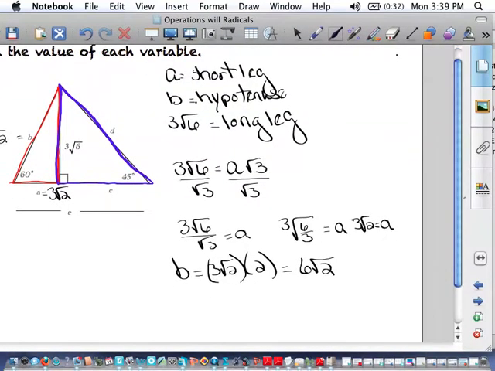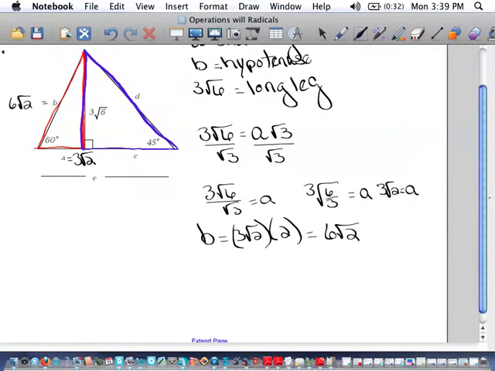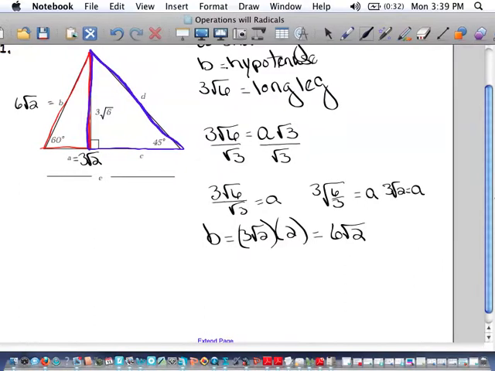Let's take a look at that 45, 45, 90. Remember, the legs on a 45, 45, 90 are going to be congruent, and therefore C is equal to 3 square root of 6.